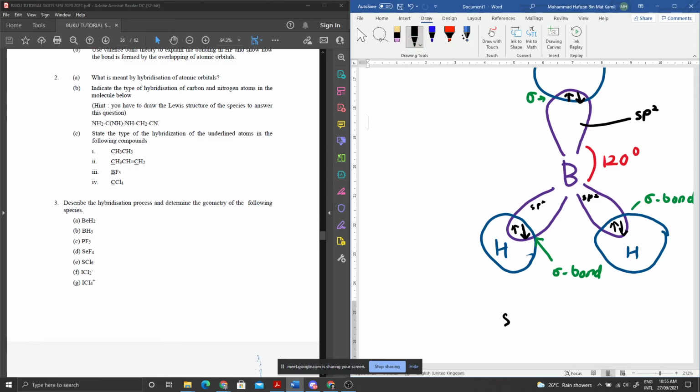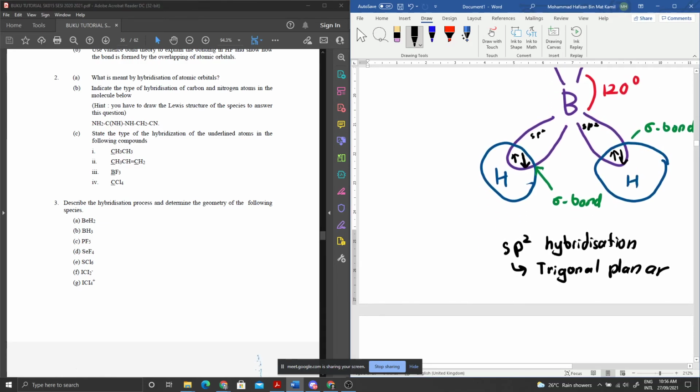So sp2 hybridization, dia punya molecular geometry is trigonal planar. Okay, buat ayat penuh lah. So the boron, which has sp2 hybridization, have a molecular geometry of trigonal planar.